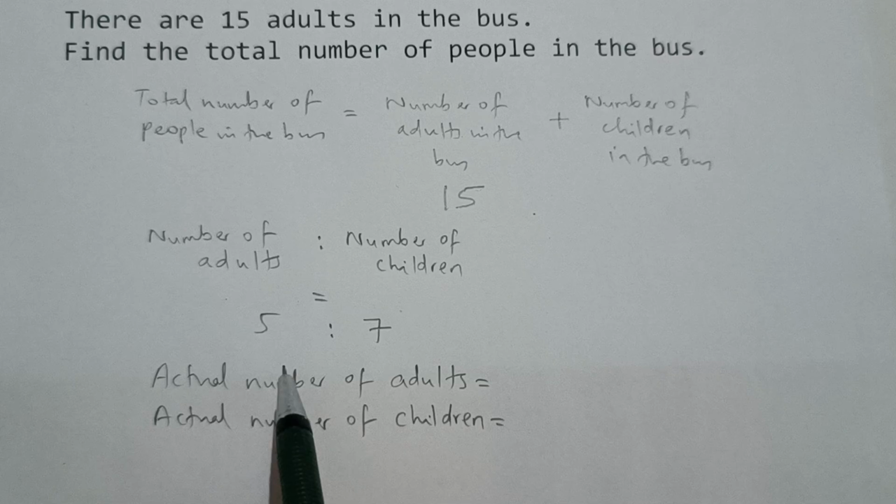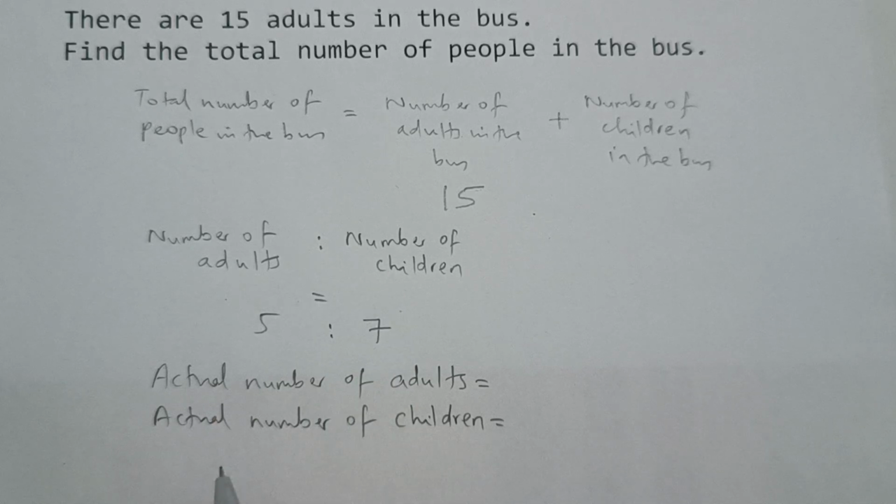For that I will have to multiply this ratio by a number. So if I multiply this ratio by a number, I will get the actual number of adults in the bus and the actual number of children in the bus.